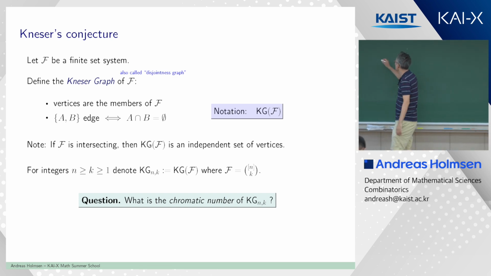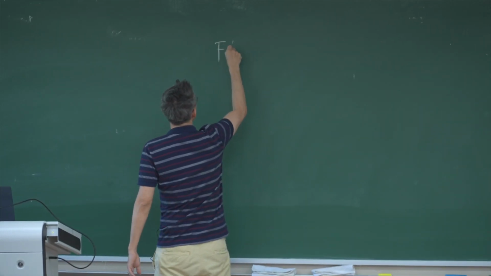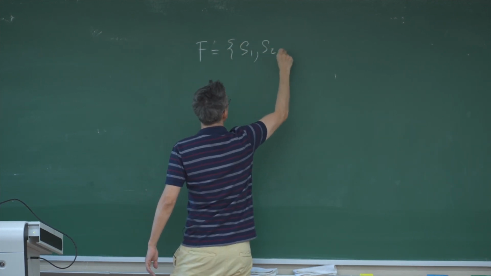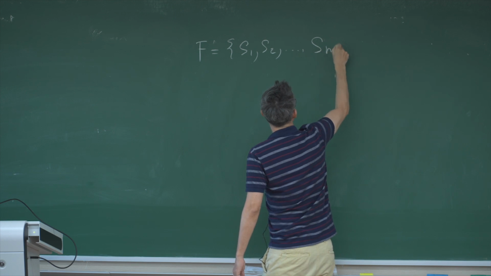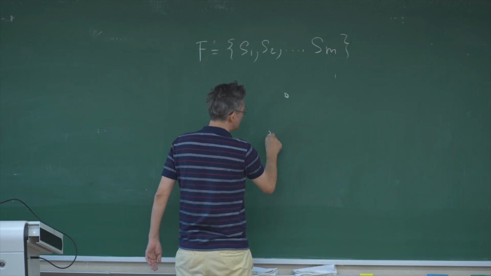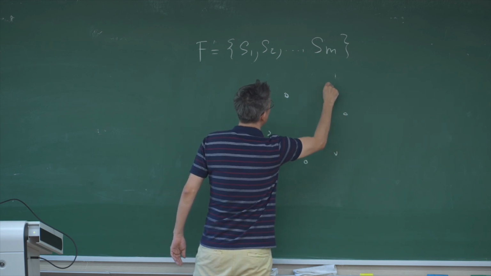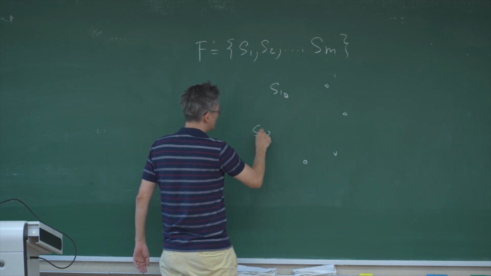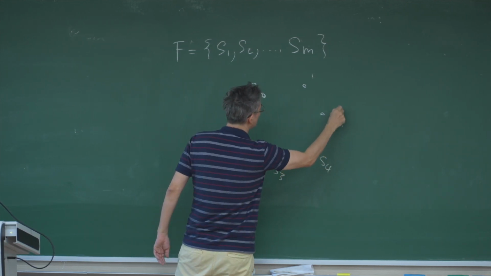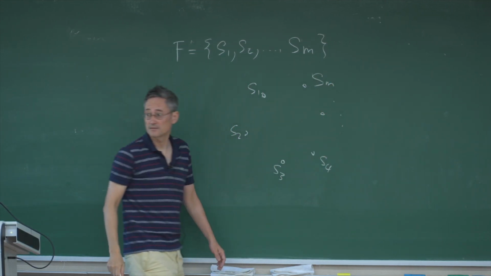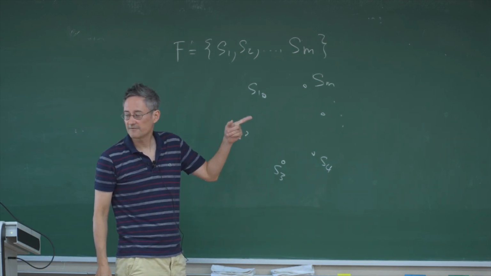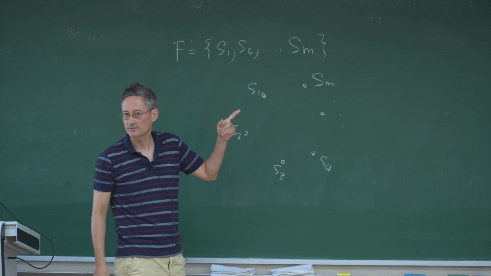So just imagine you have your family F equals, let's say, set 1, set 2, up to set m, right? Now I'm going to create a graph. It's going to have vertices. And each vertex just gets labeled by its corresponding set. Like this. Okay? Now, when do you make an edge? Well, you make an edge if and only if the two sets are disjoint.